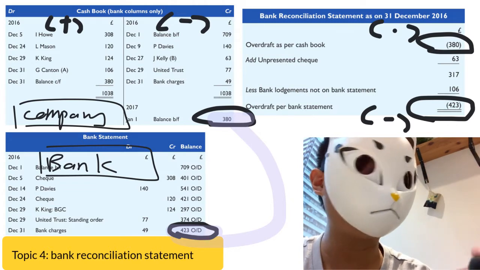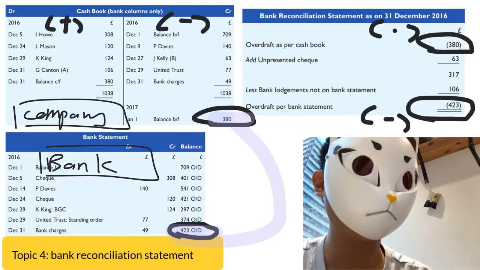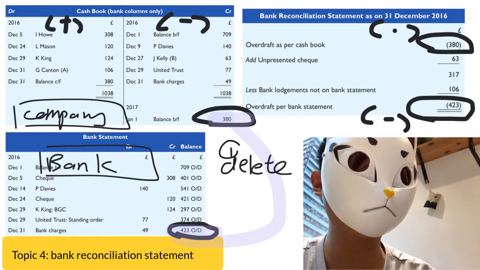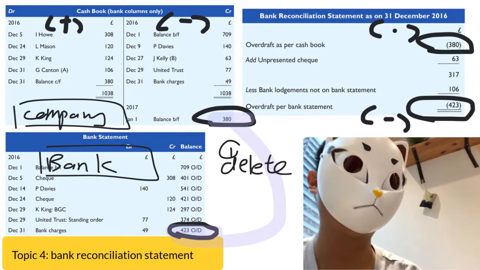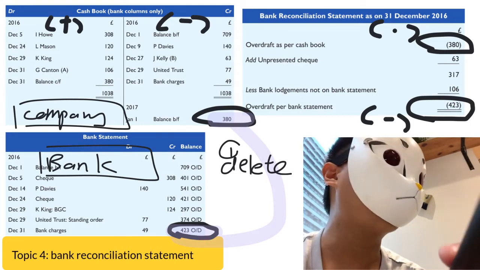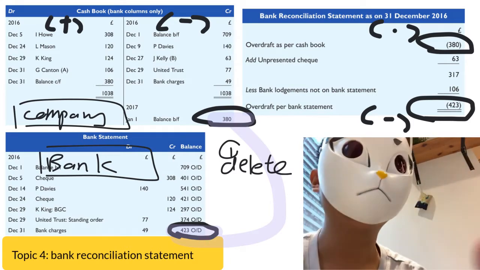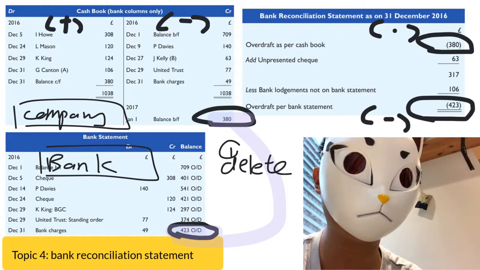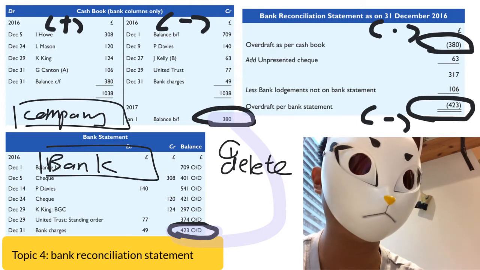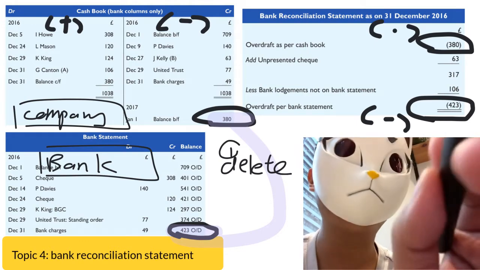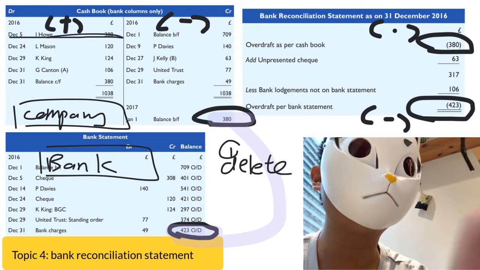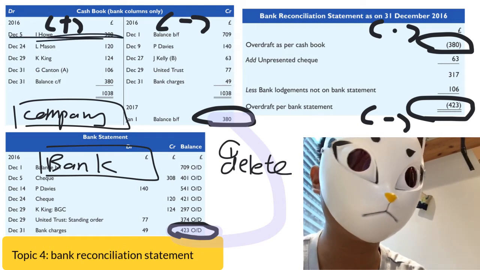So there are a few steps to do it. Number one, we have to delete the items that appeared on both sides. So let's do this. Say for example, you can see there is a check 308, and there's also a check 308, so we delete them.